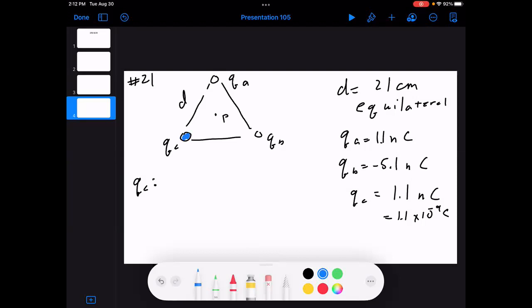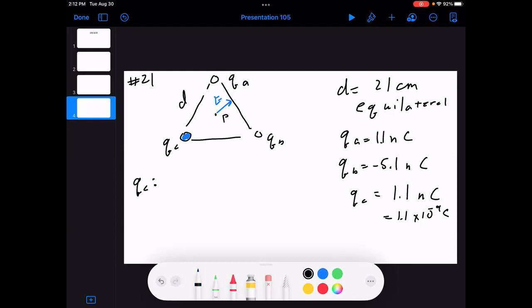Did I mess up which one was negative? Thank you so much. QC is positive, clearly. If QC is positive, should the electric field go towards or away from it? Away. So QC will have some electric field in that direction.